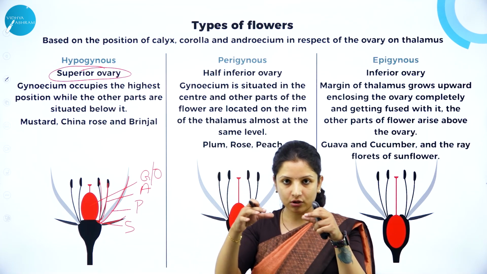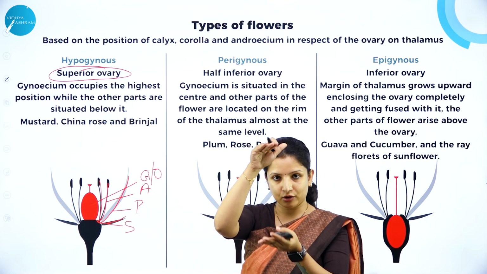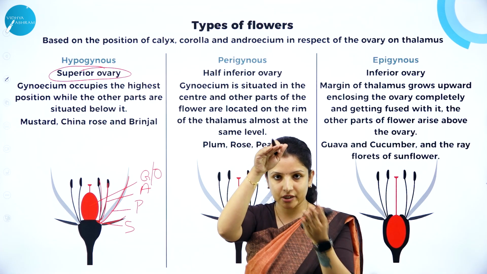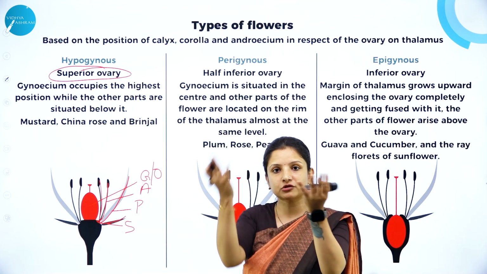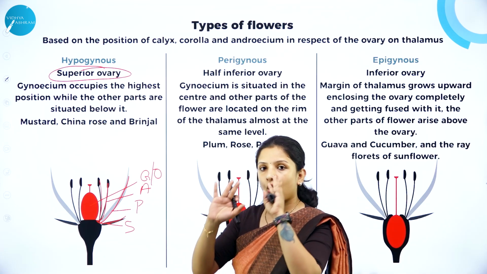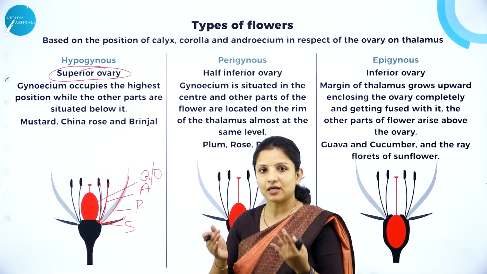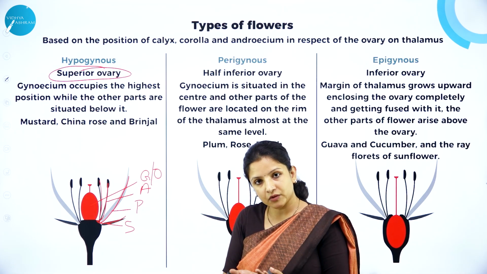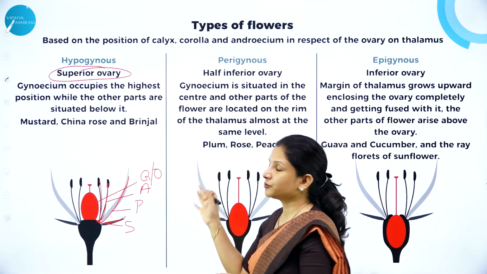Say, for example, the biology book is at the top and all the other subject books are at the bottom. Therefore, biology will be at the superior position because all the other books are at the bottom. It's the same concept here, wherein the sepals, the petals and the stamens arise from the bottom of the ovary. So, therefore, the ovary will be at the top position, which is called a superior ovary.